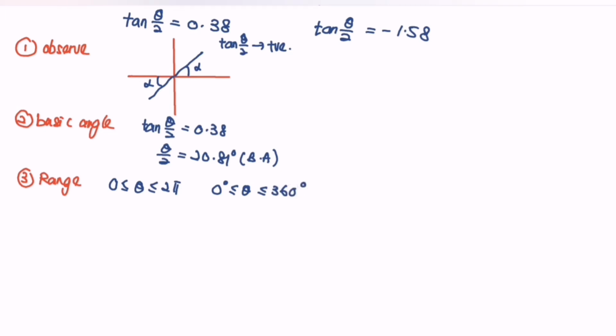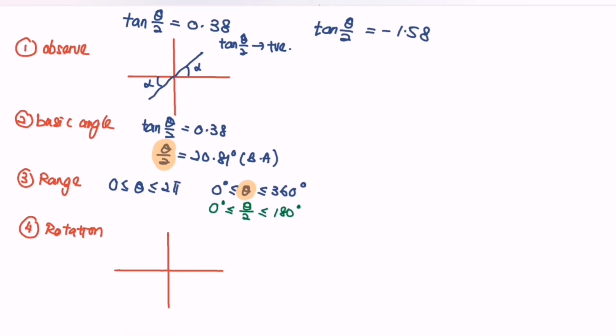By referring to the basic angle, we have theta over 2. And for our range would be theta. So what we have to do is to modify the situation and divide by 2. So we still have 0 for the left hand side. In the middle will be theta over 2. At the end will be 180 because 360 divided by 2. So that will be the range.